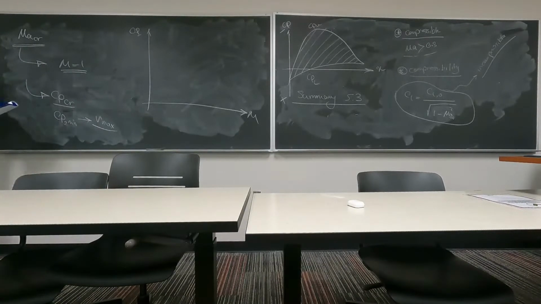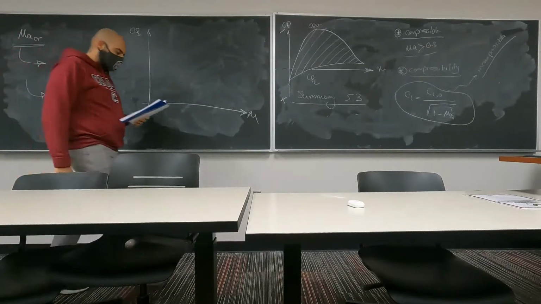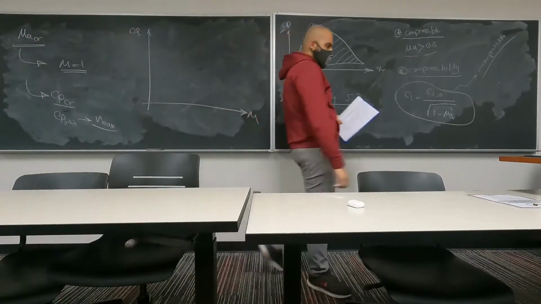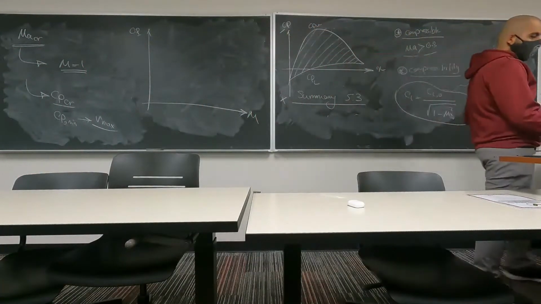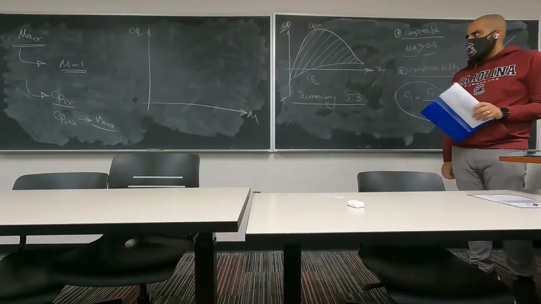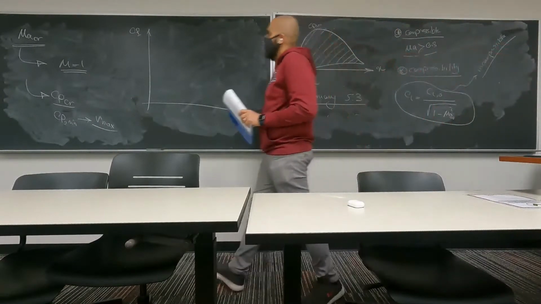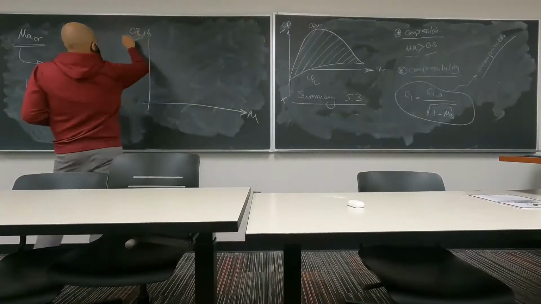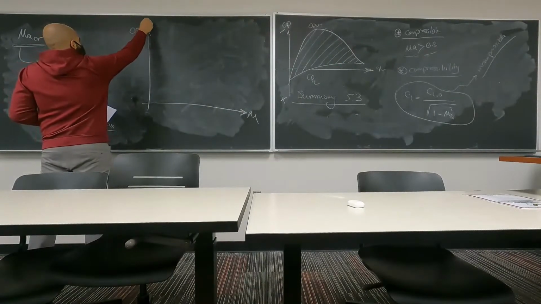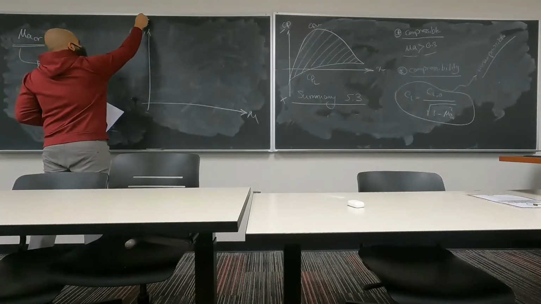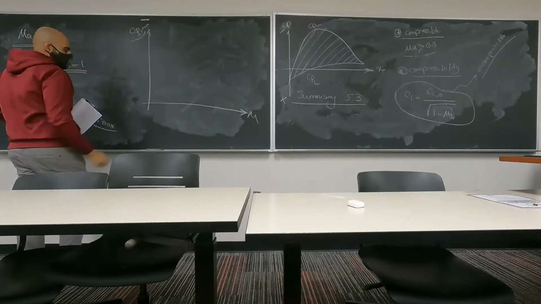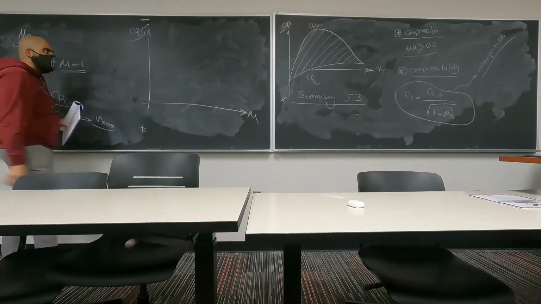How will it change as we increase the Mach number? And this is the minimum pressure coefficient. And this side of the axis is going towards negative. So positive going to negative.